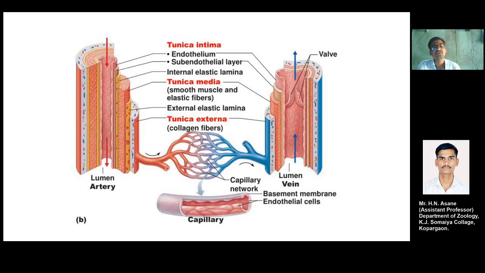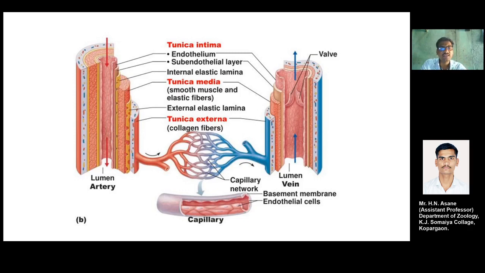So the tunica intima, or the endothelium and the subendothelium layer of the tunica intima, has the endothelial lining first, after the lumen, and then the subendothelial layers are present to provide the coat, and the internal elastic lamina, which is present between the tunica media and tunica intima, provides the elastic feature for the artery.